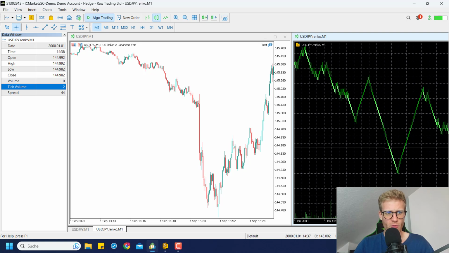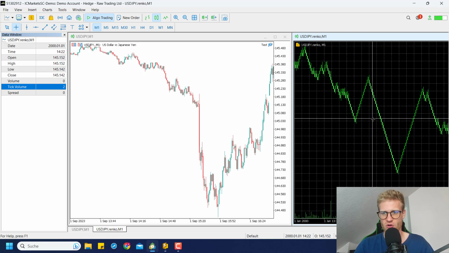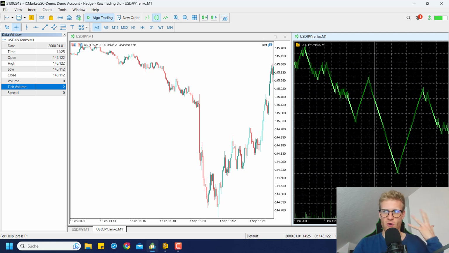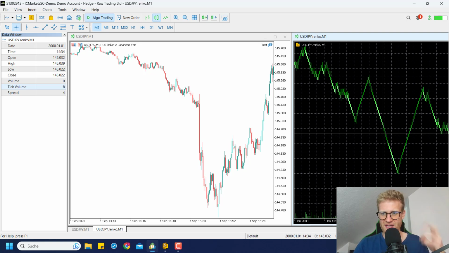If the tick volume of a Renko bar is only 2, this means that you were not really able to trade this. A lot of these bars have 2 as a tick volume. They were just created because of the concept of Renko charts, but you were not able to trade them. This is really important. So the price kind of jumped to this bar. So this bar has a tick volume of 8.